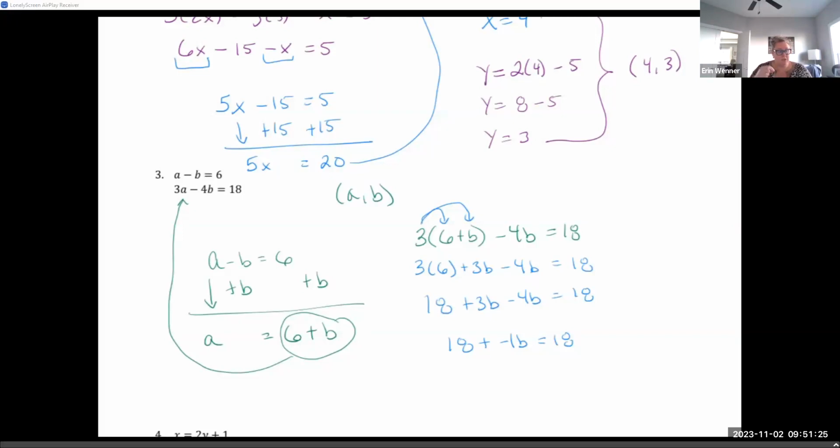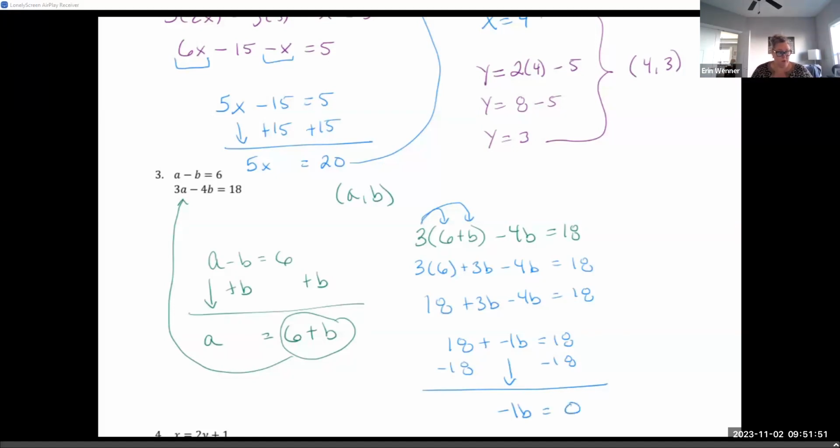And so I'm just using that negative 1B to remind myself, oh, wait, there is something here that I have to deal with. So we'll subtract 18 from both sides, and we'll bring this negative 1B down. And 18 minus 18 is 0.